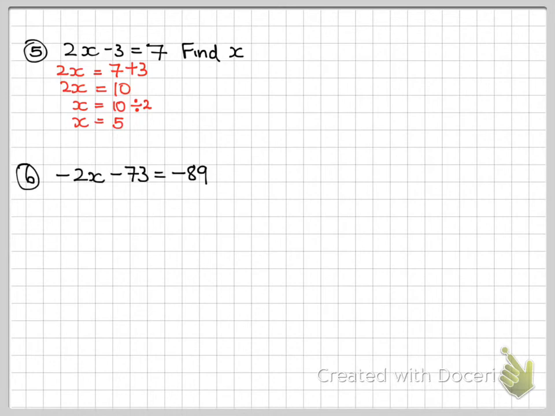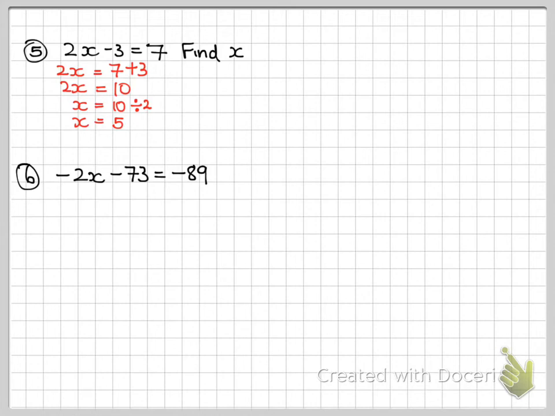The next question looks a bit more difficult, but don't be too concerned. It is just a bit more difficult than number 5, but the principle is the same. You've got minus 2x minus 73 is equal to minus 89.